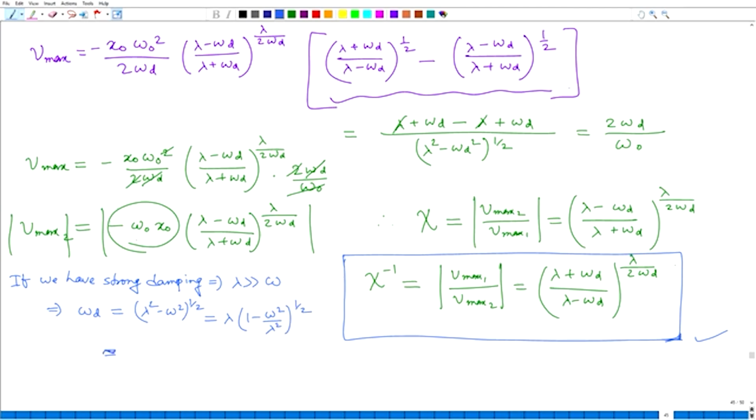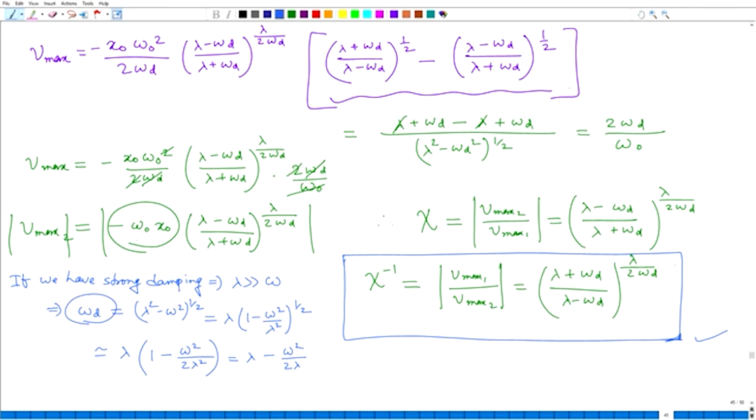So, we can approximately write this by expansion as lambda times (1 minus omega square by 2 lambda square), which will be equal to lambda minus omega square by 2 lambda. Okay. So, that is something we have to understand over here, and this is the case for strong damping.